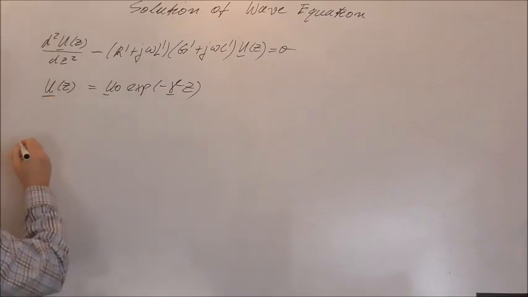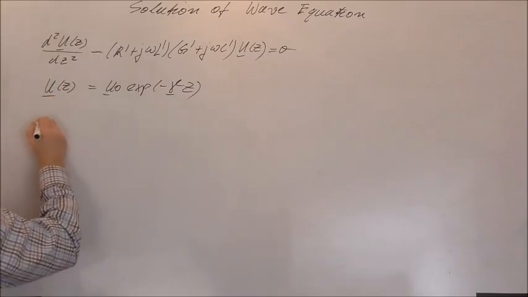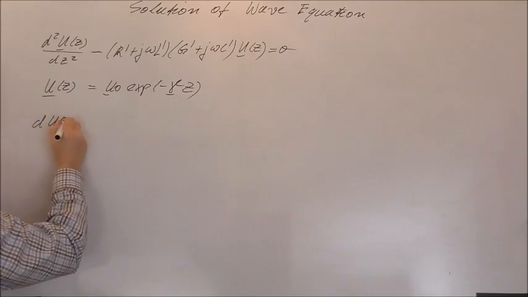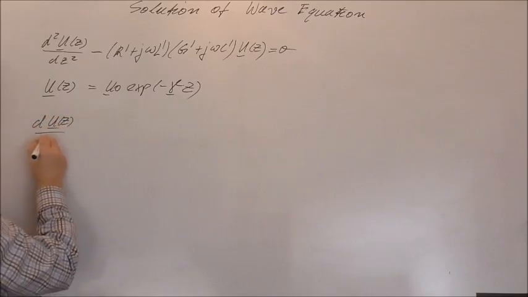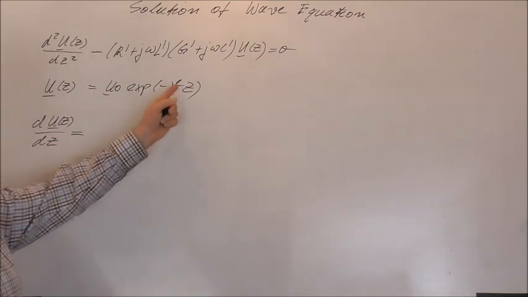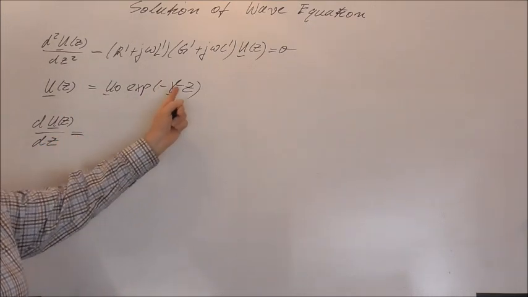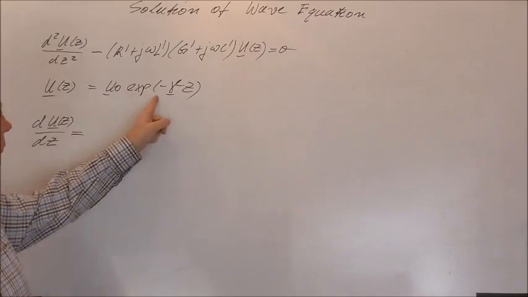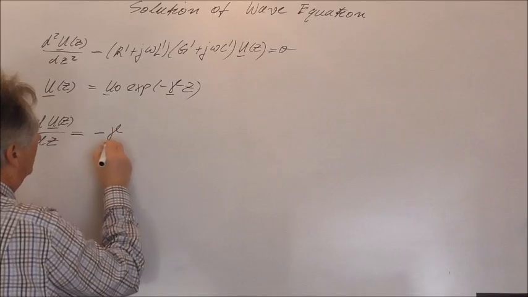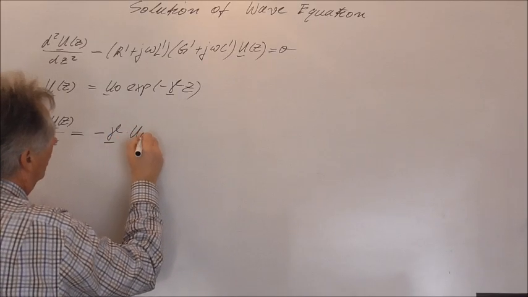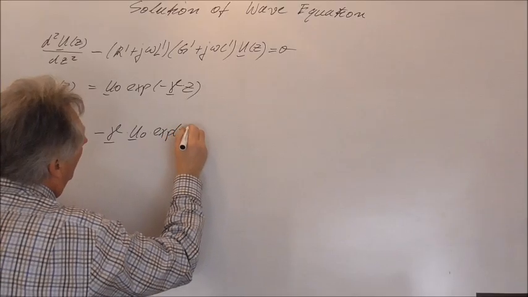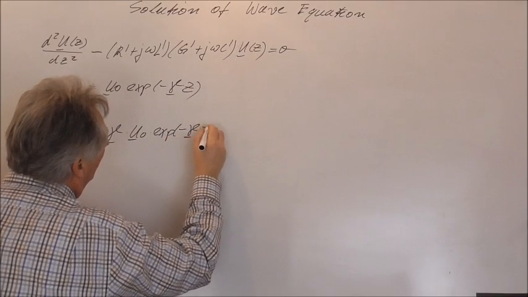Of course, at the moment we don't know if this function is able to solve this equation, but of course we can now do a derivation of this function, u of z with respect to z. Of course, then this is a constant, and you see here this exponential function will reproduce gamma, so we will get minus gamma times u naught times exponential function of minus gamma times z.